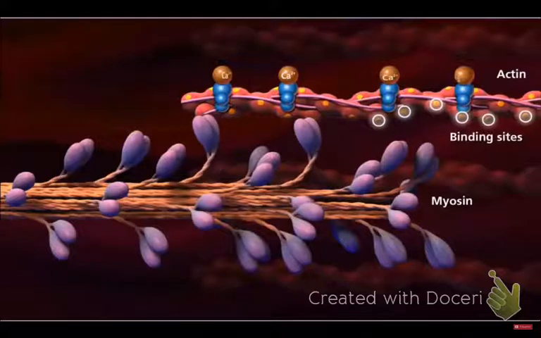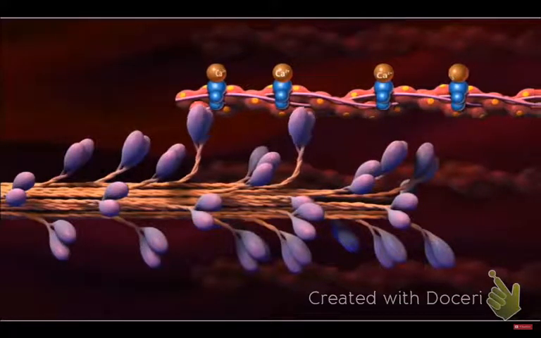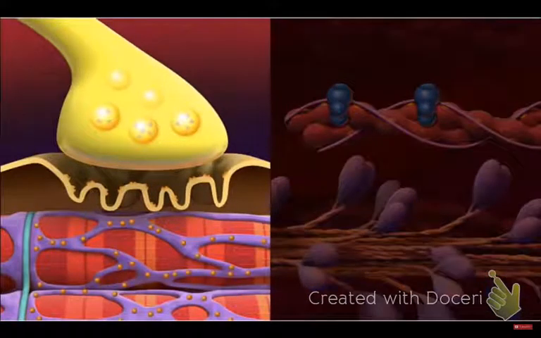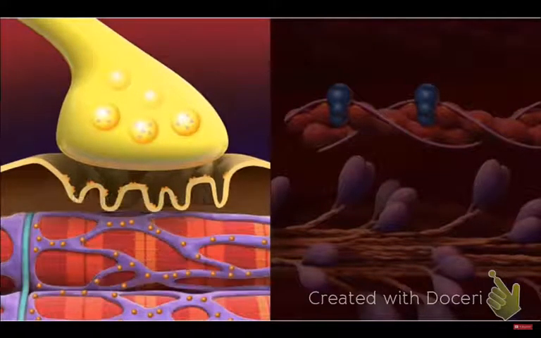This allows myosin to attach to a binding site on actin, forming a cross bridge. Calcium ions are stored in the sarcoplasmic reticulum and are released in response to signals from the nervous system to contract.